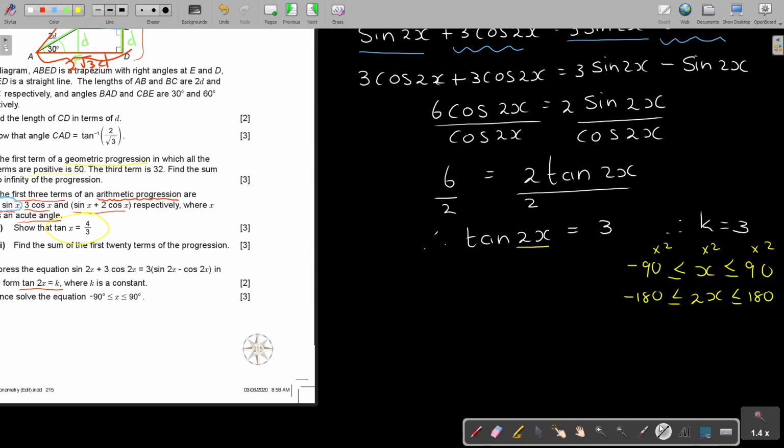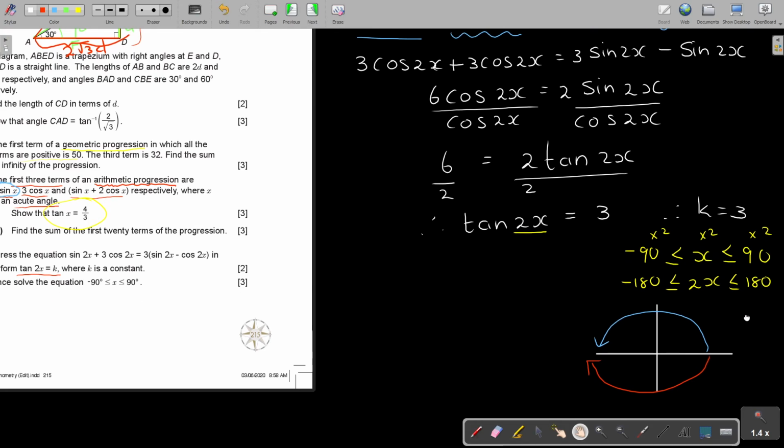So if I'm going to draw my graph, I see that it's going to go up to there, 180, but it's also going to go to the negative side up to there. And now I just have to concentrate.